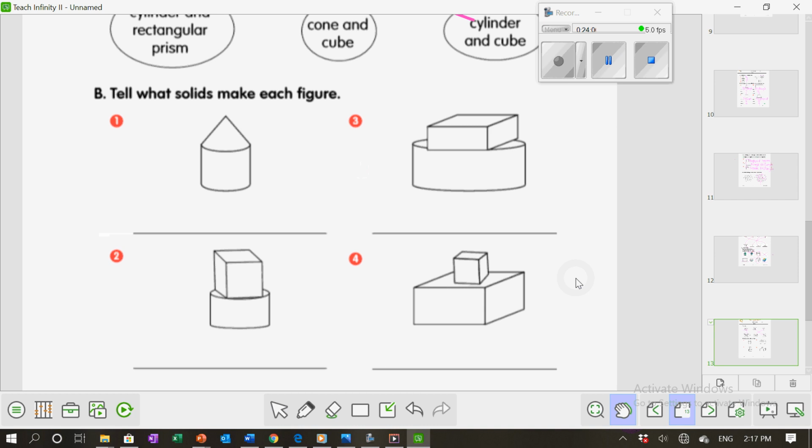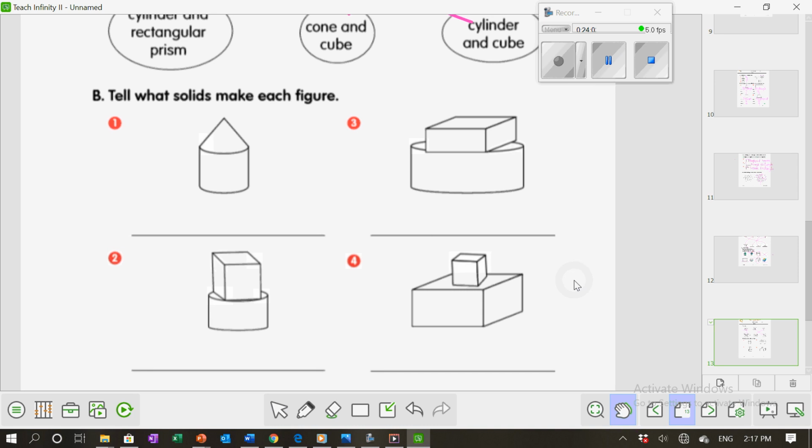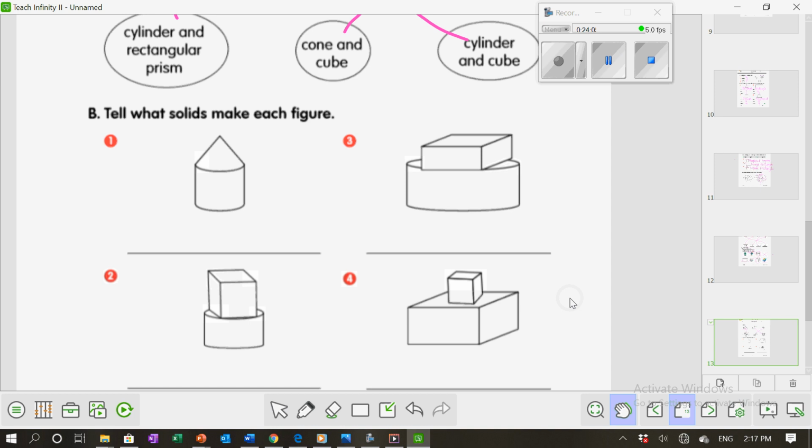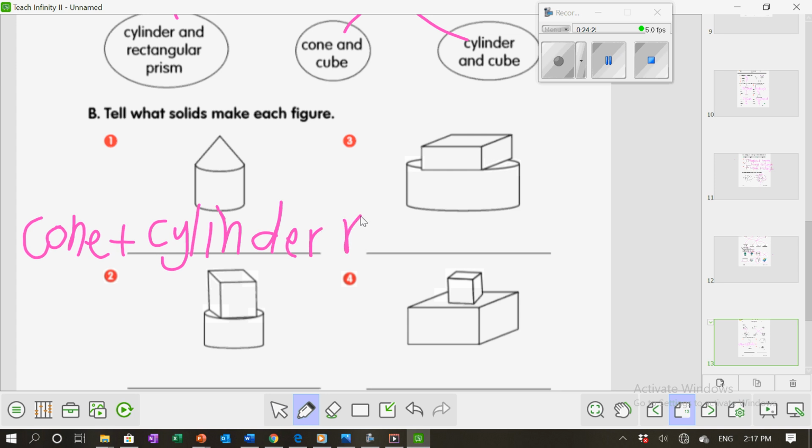Now tell what solids make each figure. Yes. What did I put here? Perfect. I put a cone with what? With a cylinder. What did I put here? Perfect. Rectangular prism with a cylinder.